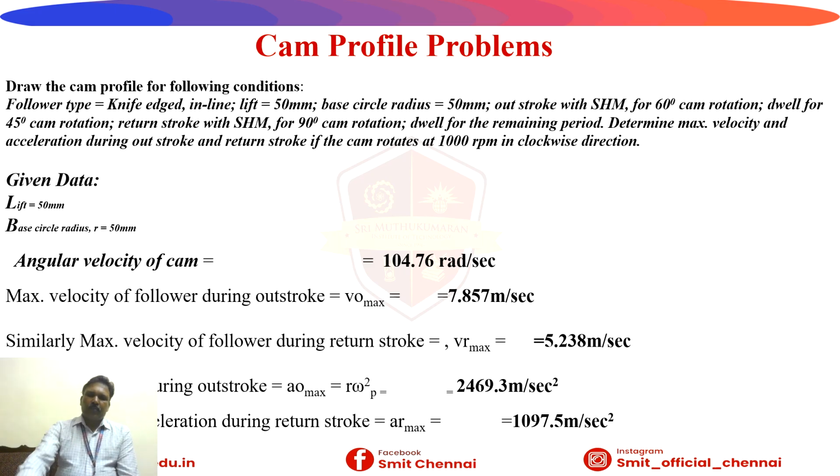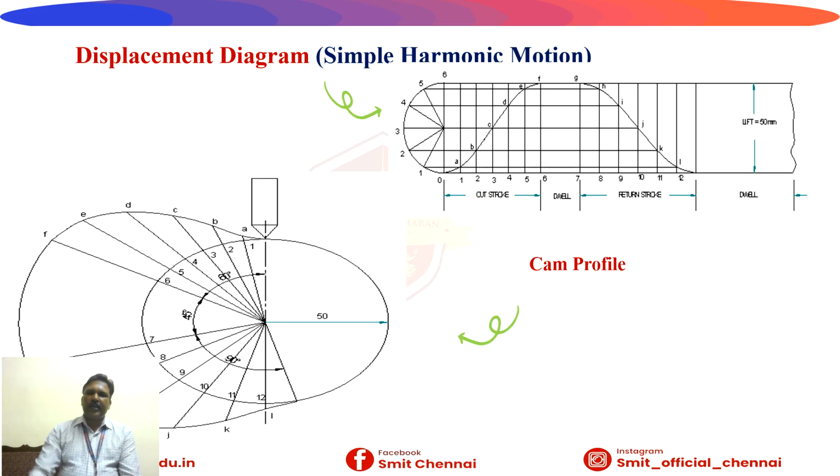Before that, I want to show how the displacement diagram is drawn. Without drawing the displacement diagram, we can't draw the cam profile. First of all, we must know how to draw the displacement diagram. Actually, it is clearly given: it is SHM, that is simple harmonic motion, that will be followed in this diagram.